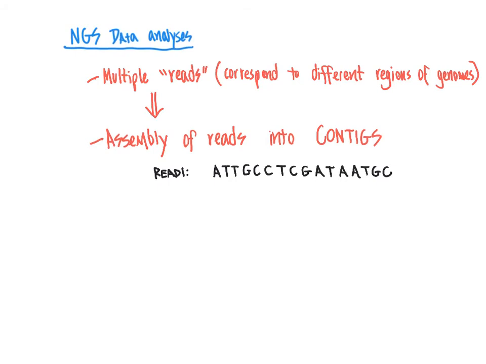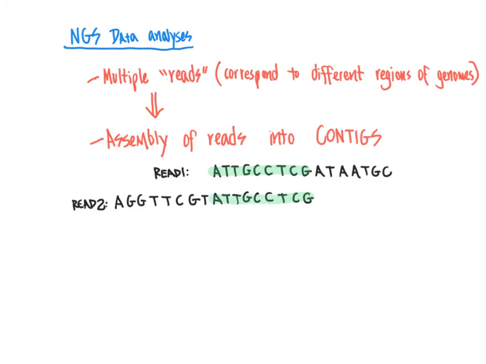And then hypothetically, we had read number 2, which had the sequence that I'm going to show here. What we would see by comparing these two is that there is a region of overlap. Namely, if we look right here, this particular sequence that I've highlighted in green for read number 1 matches up with what we see in read number 2.